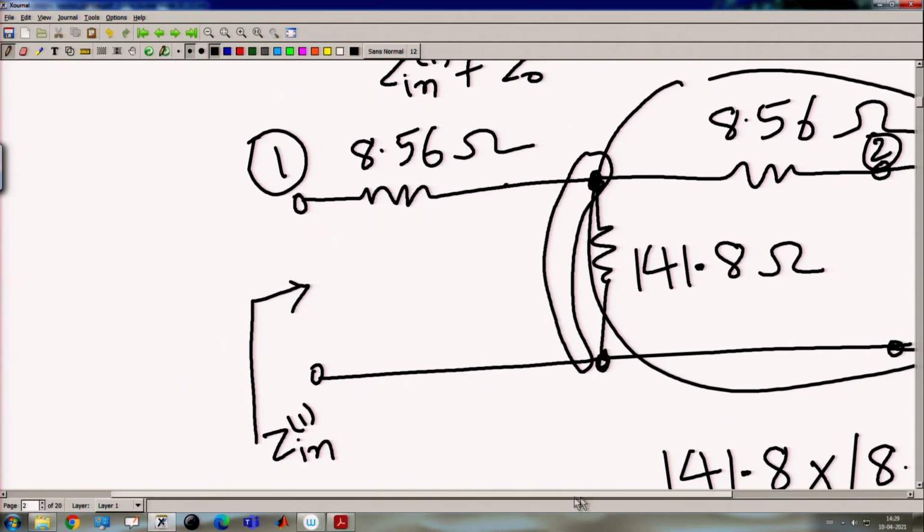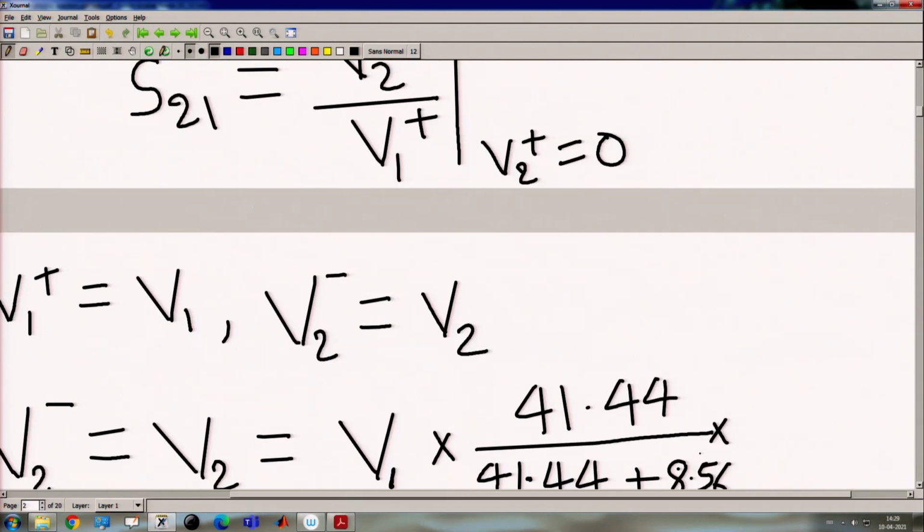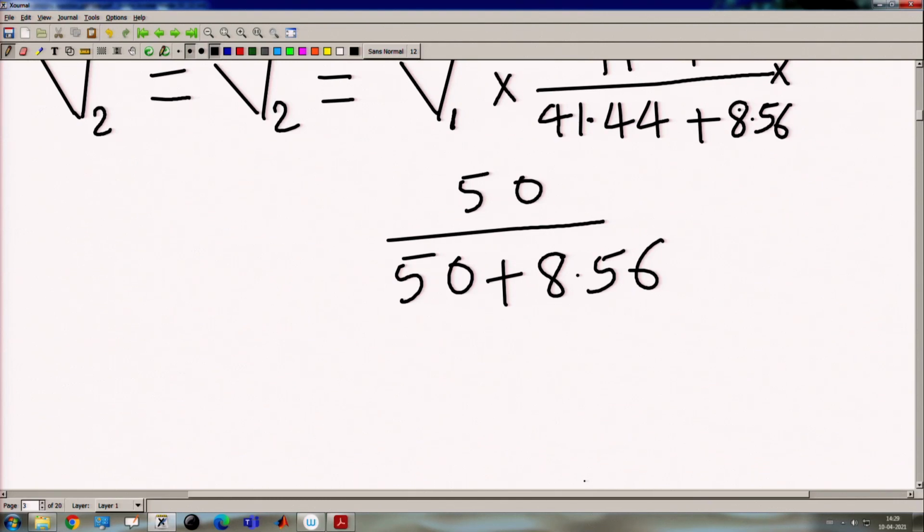This voltage will produce some voltage across 50 ohm. Now we are again applying the voltage division rule, and we get 50 divided by 50 plus 8.56, just multiplying with that coefficient. By this we will get 0.707 V1.